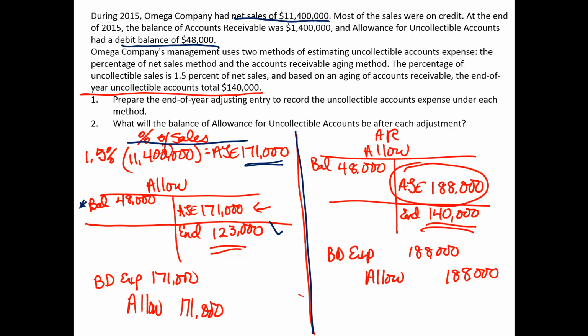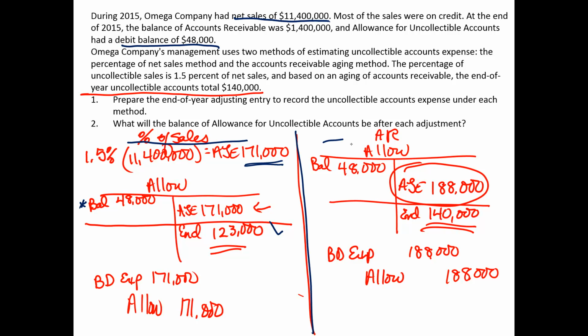In other words, we totally depleted the beginning balance in the allowance, which was a credit, and wrote off $48,000 more than that balance was. That's how we ended up with that balance before adjustment of $48,000. That's a debit. So notice the adjusting entry then helped compensate to come up with the ending balance of 123,000.